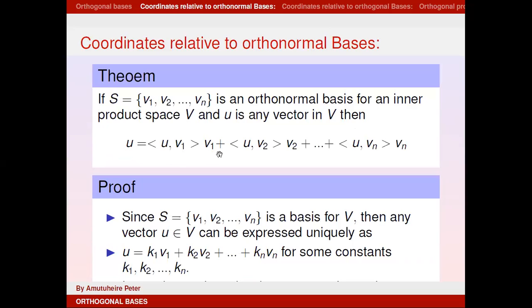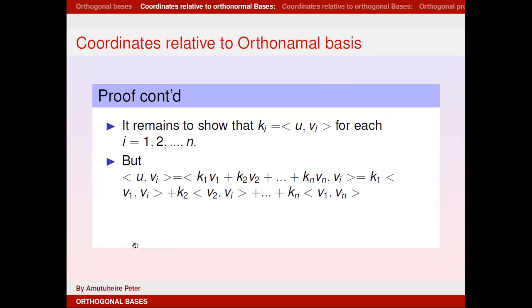We want to check that U is this linear combination. If this is a basis, then U can be written as a linear combination. So it remains to show that K1 is the inner product of U and V1 and so on. We know the inner product of U and Vi, we can start with Vi.